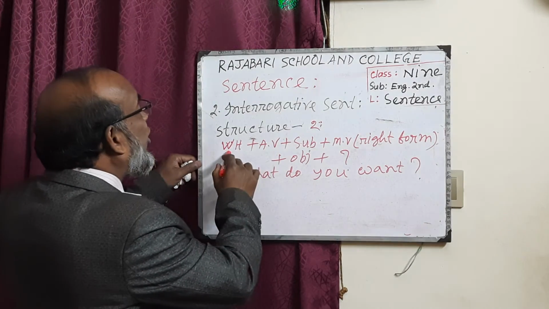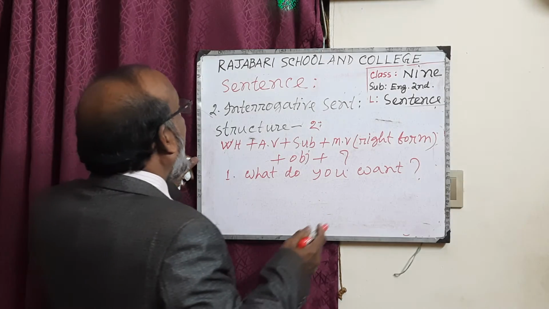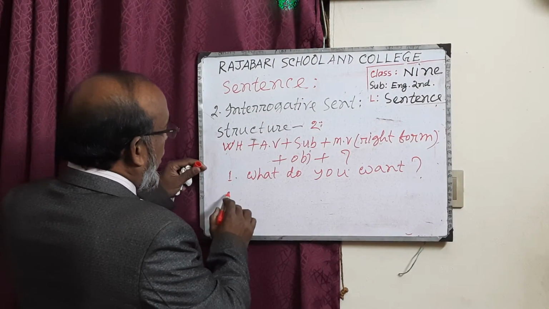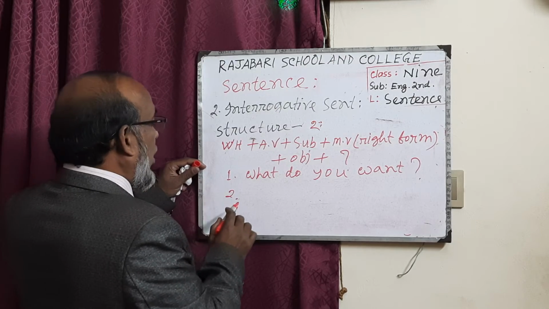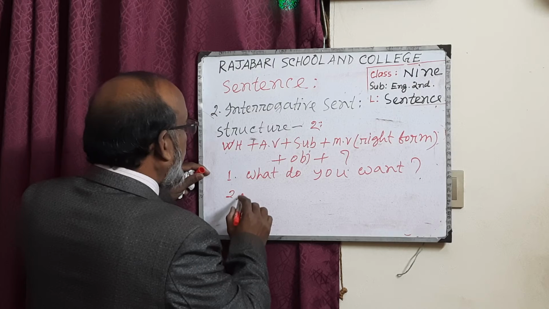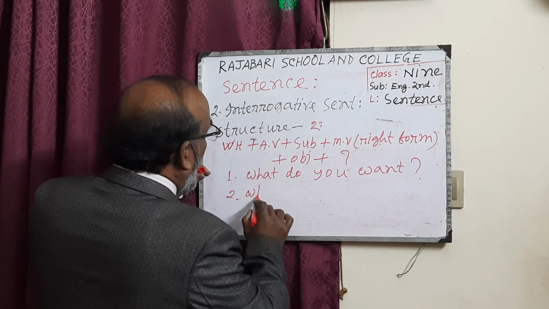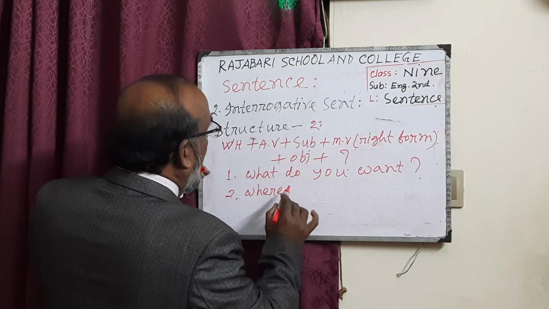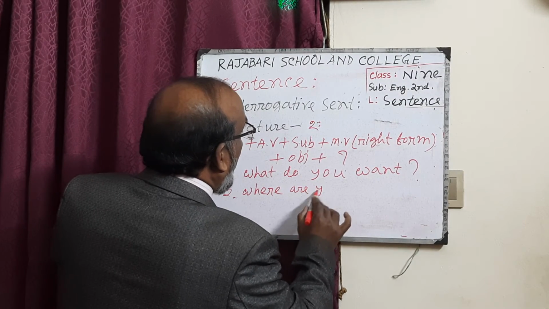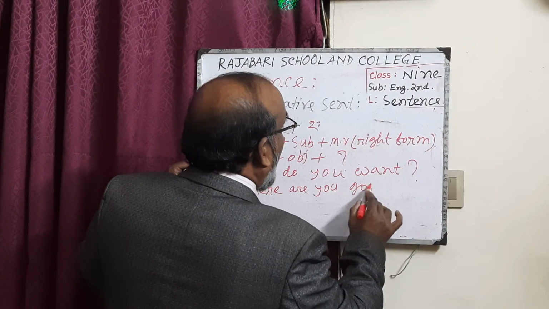So you have to follow serially by making an interrogative sentence. For example, number 2, where are you going?